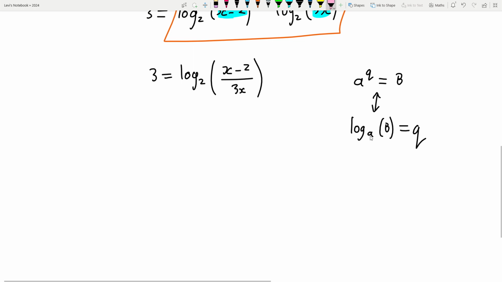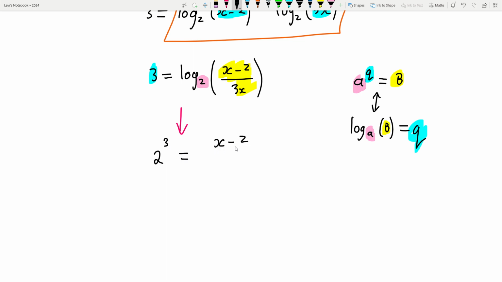So what we can see from our example compared to the rule is obviously our a is 2. We can also see straight away that our b is here, so that would go here, and that our q in this case here is the 3, okay? So we can rewrite this as the following. 2 to the power of 3 is equal to x minus 2 on 3x, okay?